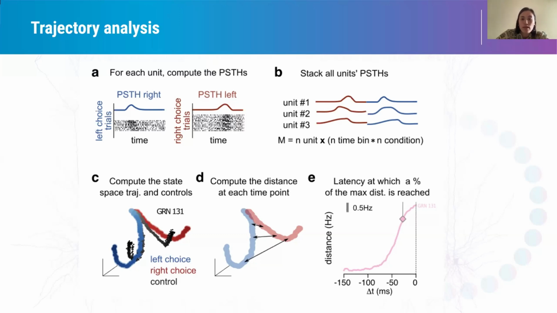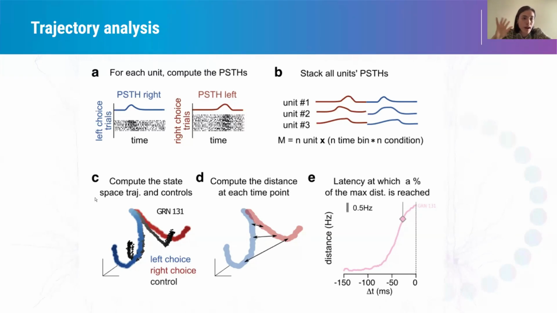We get one for the left choice and one for the right choice, and we then repeat this for all of the neurons in our region of interest. In B, we stack these individual traces into a large high-dimensional array where we represent the PSTHs for all of the neurons in our region.